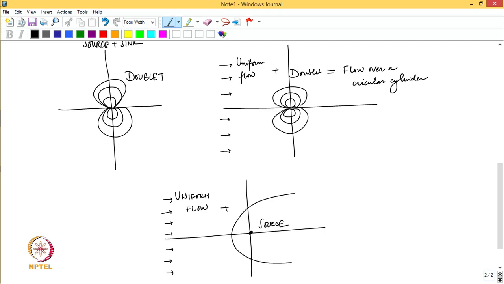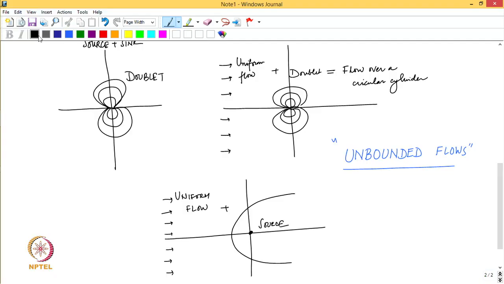Now, there is something common about these three, and the thing that is common in these three situations is that these are flows which can be classified in the category of unbounded flows. What I mean by that is that there is no physical boundary which is holding these flows, or confining these flows in a certain domain or specific region.